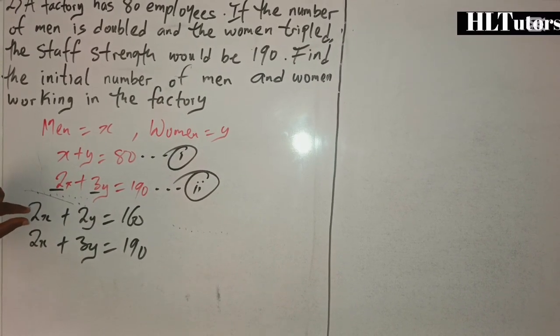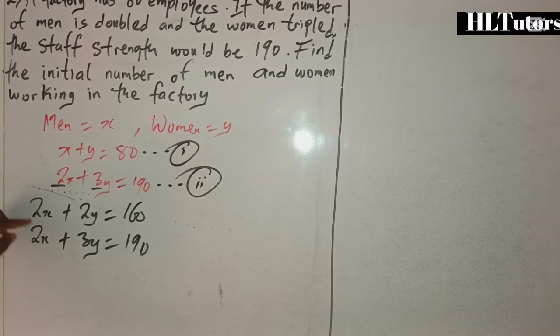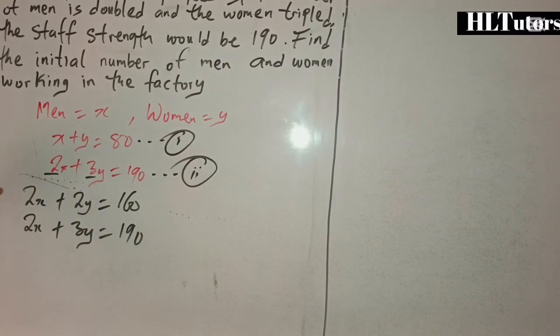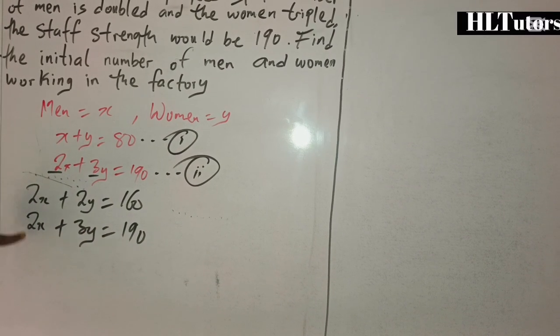So if I subtract 2x from 2x, it's going to be 0. Whatever you do to this line, do to every other line. So I'm going to say 2x minus 2x.